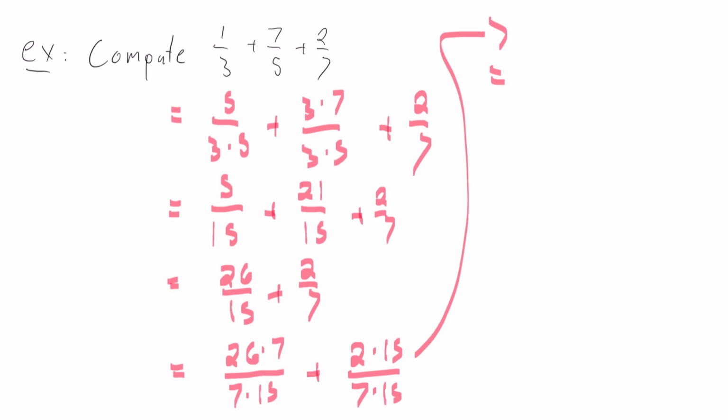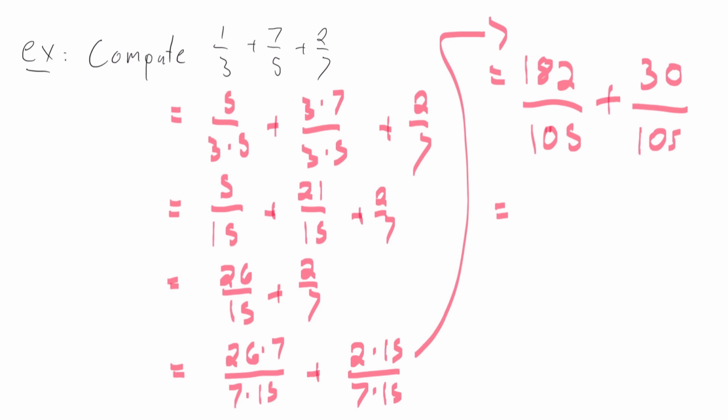So let's see, I have 26 times 7 is 182. 7 times 15 is 105. 2 times 15 is a little bit easier to compute. This is just 30. And then 105. And at last, I can combine them to, okay, this is 212 divided by 105. So wonderful, right?